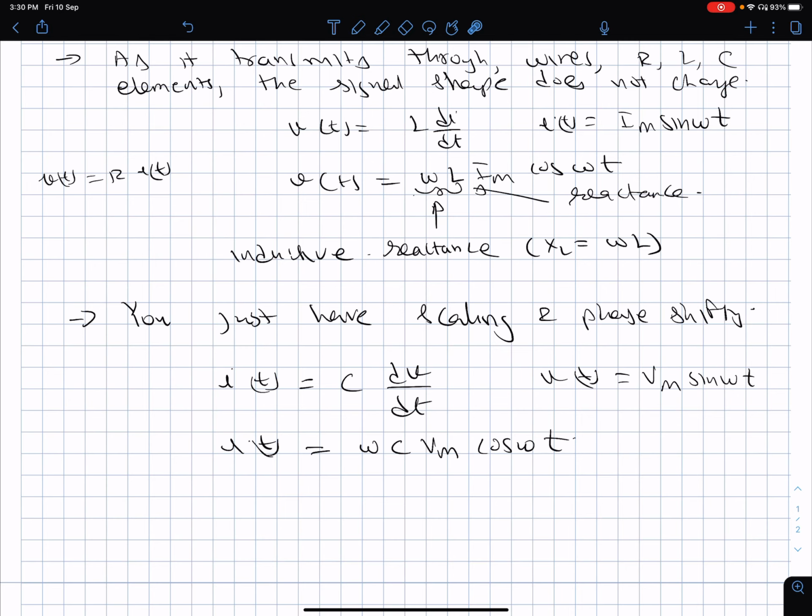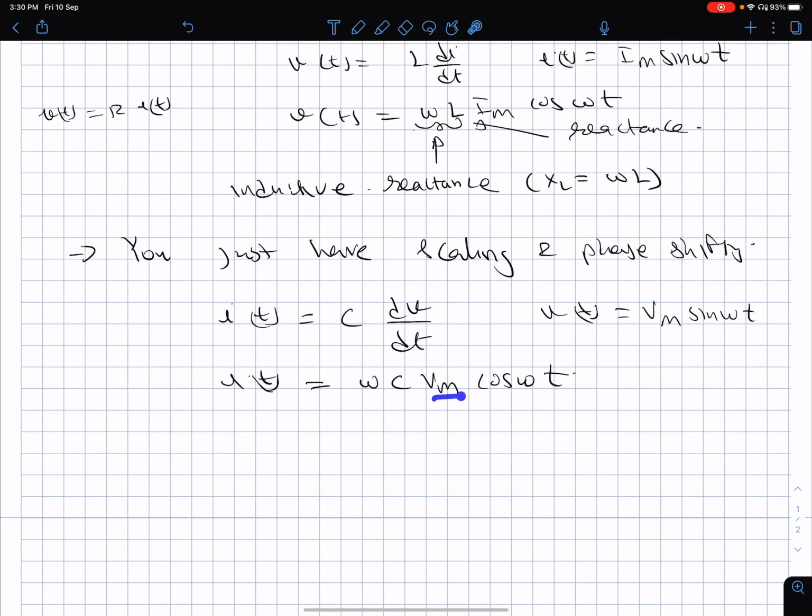Similarly, here, if you look at the ratio of V by I, then that is going to be equal to 1 by omega C. So this will be called the capacitive reactance. So we have two terms now, inductive reactance and capacitive reactance.